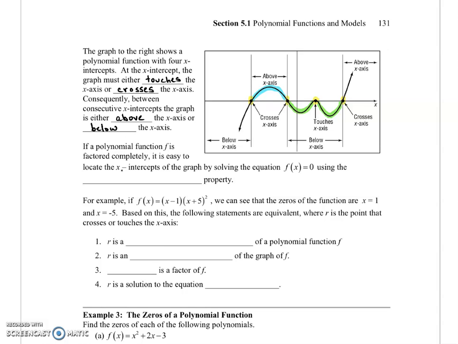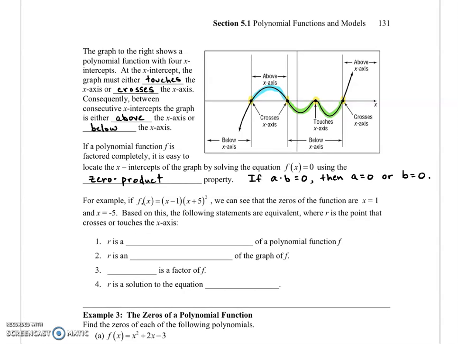If we factor a polynomial function completely, it's easy to locate the x-intercepts by solving f of x equals 0 using the zero product property. Which, remember, says if a times b equals 0, then a equals 0 or b equals 0.